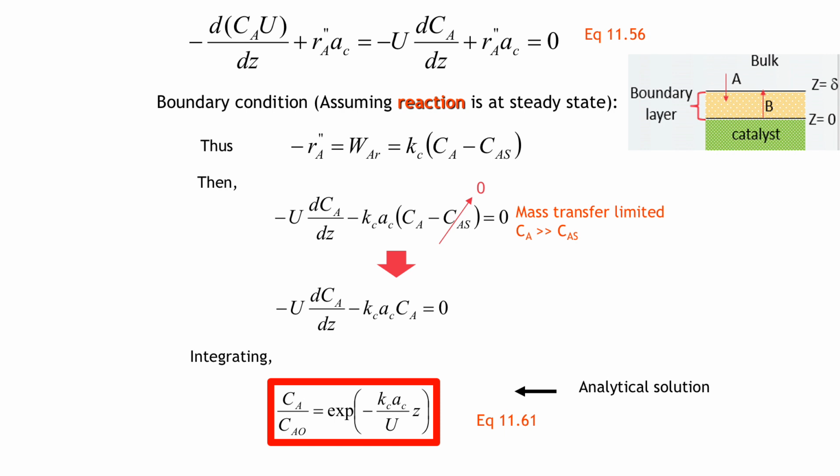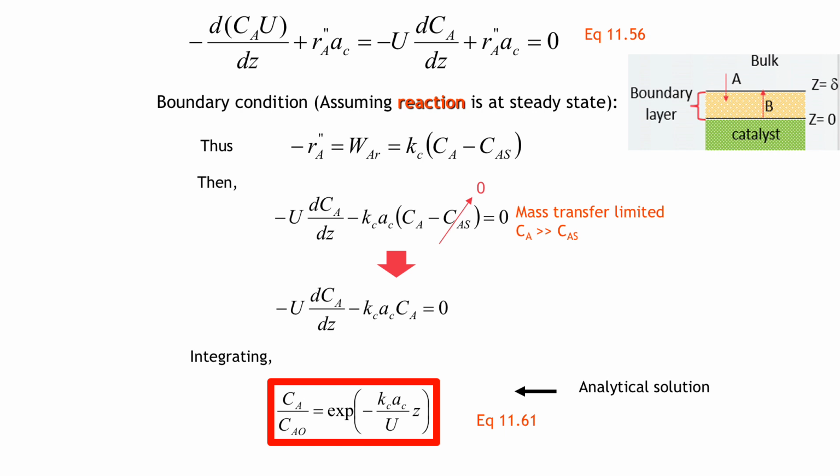Here you can see that we can neglect the concentration of reactant A at the catalyst surface, because when it is mass transfer limited, the reaction is rapid and the concentration of A in the bulk is much larger than CAS.